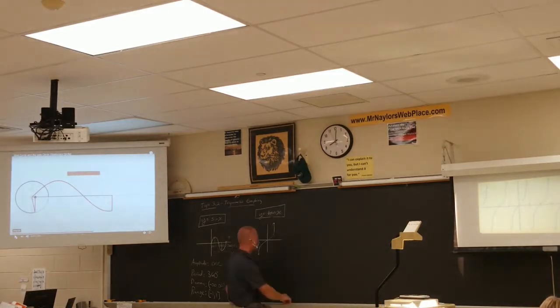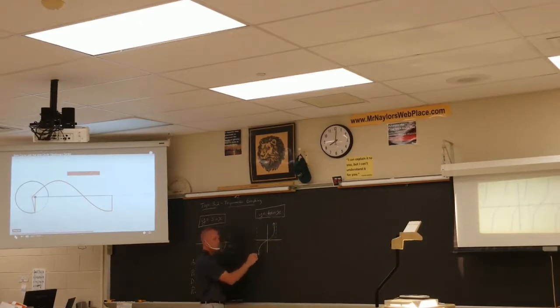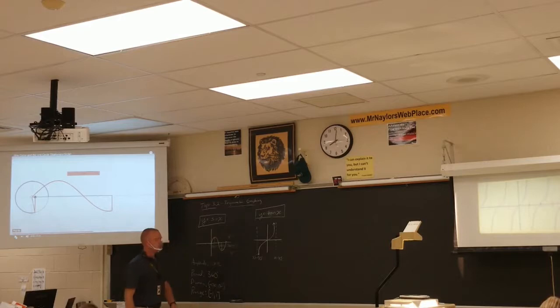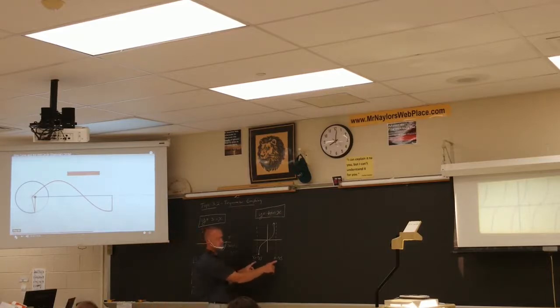Asymptotes are identified with dashed lines, but we also label them with their value. So saying x equals 90, or just 90, is going to be part of a tangent sketch as we go through this chapter. Again, you want to label those asymptotes.